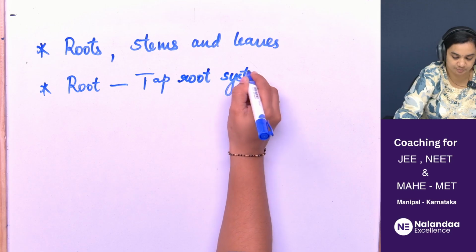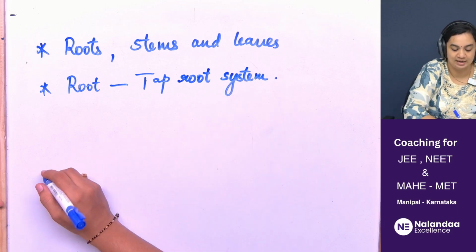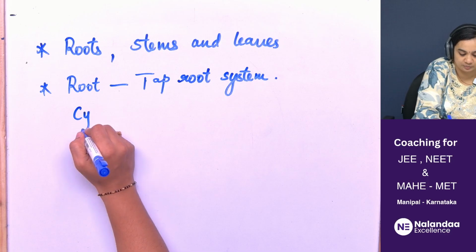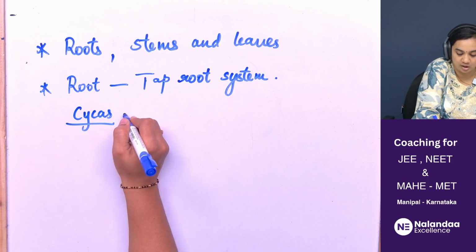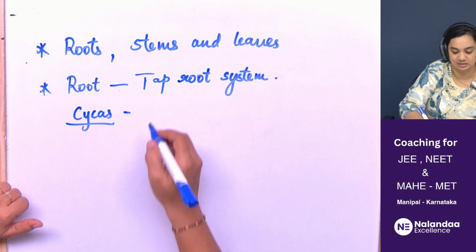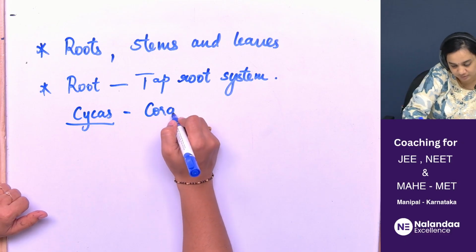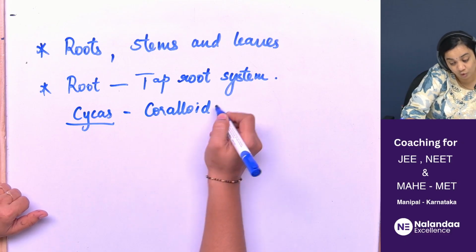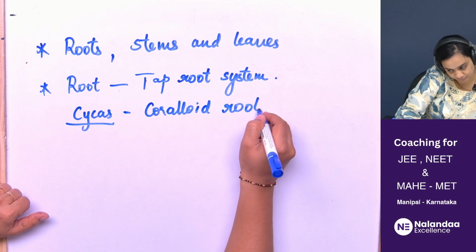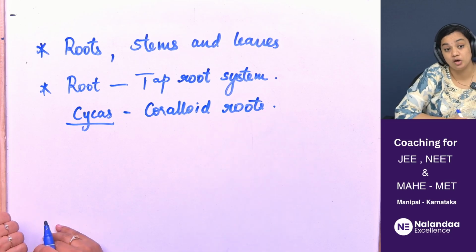Roots are generally taproots, and in case of a gymnosperm called cycas, it has something called coralloid roots. Okay, the presence of something called coralloid roots.